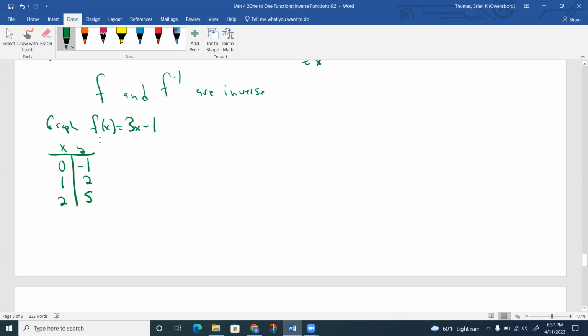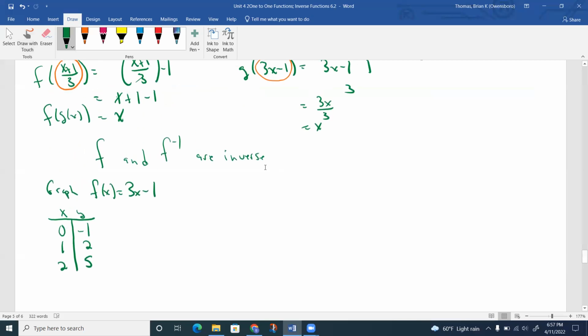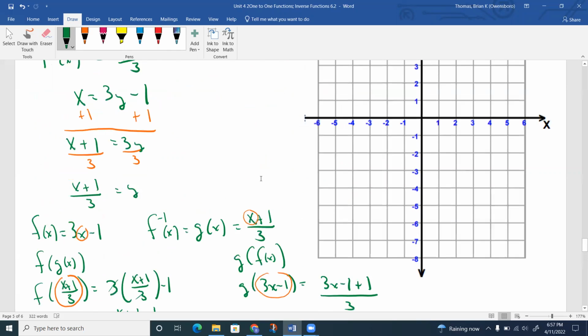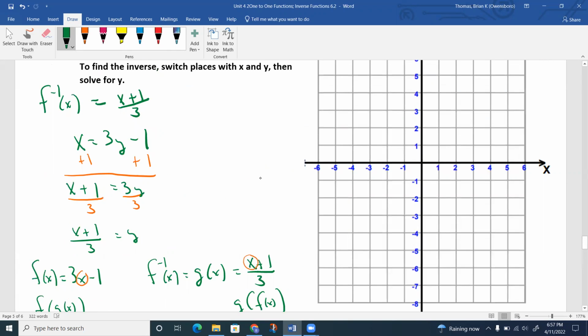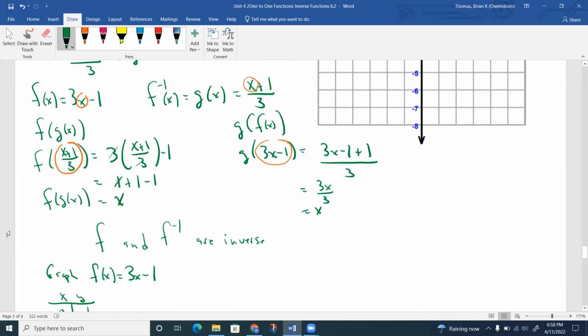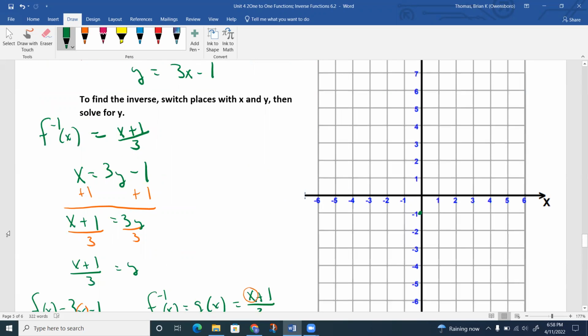So let's graph those 3 points. 0, -1 would be here. 1 was 2, so 1, 2.